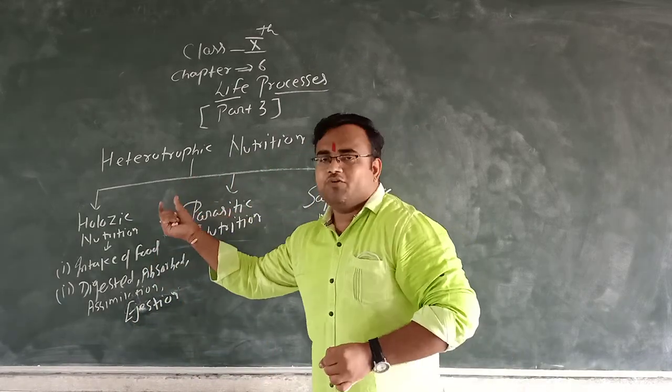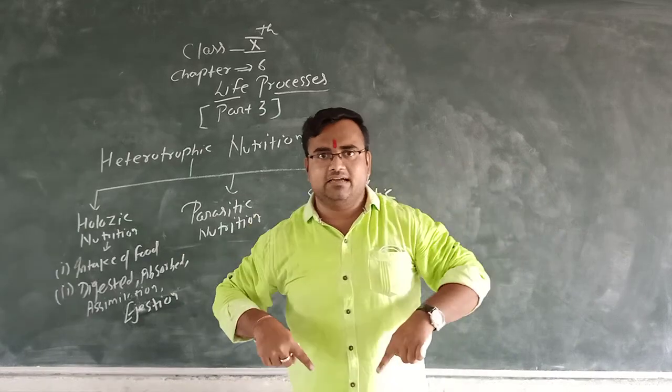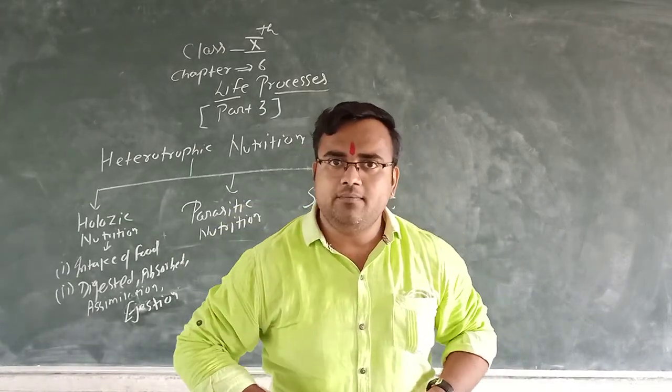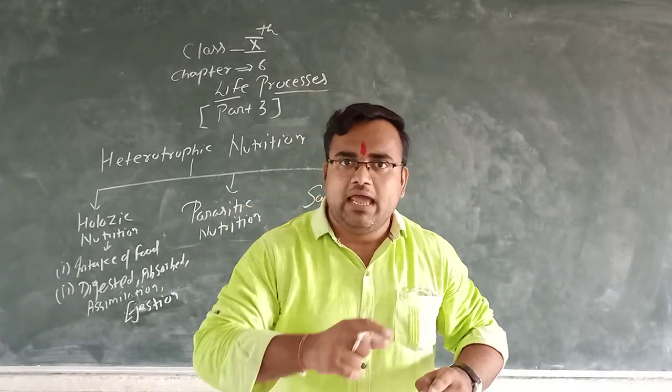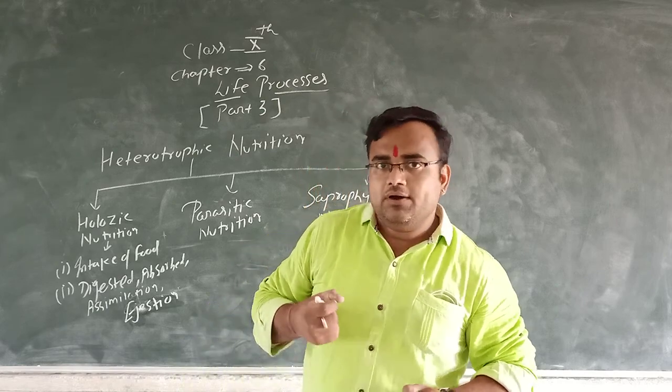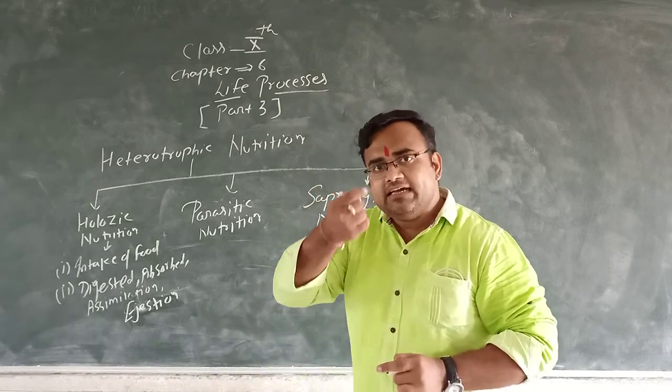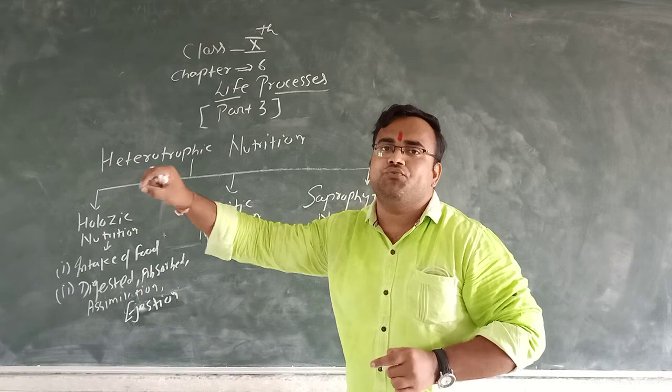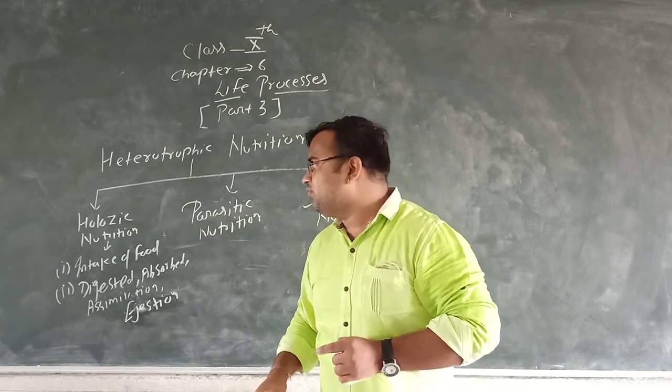In the holozoic mode of nutrition, the food is first taken in. There is intake of food, digestion of food, absorption of the food, and finally the egestion of food. This is known as the holozoic mode of nutrition.